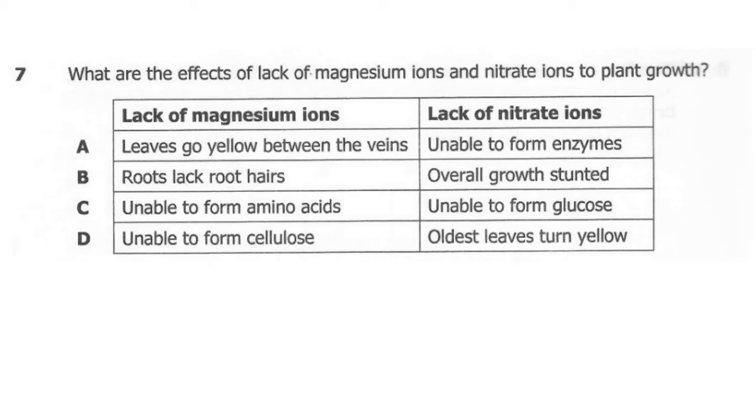Lack of nitrate ions, overall growth stunted. C, lack of magnesium ions, unable to form amino acids. Lack of nitrate ions, unable to form glucose. D, lack of magnesium ions, unable to form cellulose. Lack of nitrate ions, all the leaves turn yellow. So what is the correct answer? Is it A, B, C, or D? Drop your answer in the comment section.